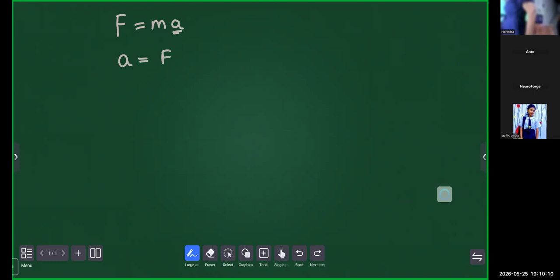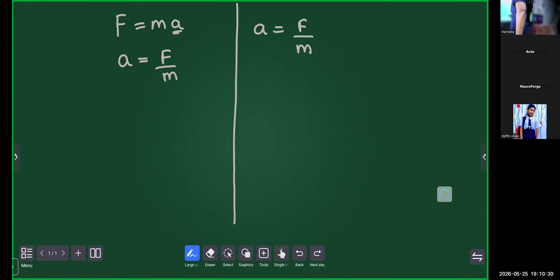F divided by m. And if we keep a here, again F divided by m. Why did I write the same thing on two sides?